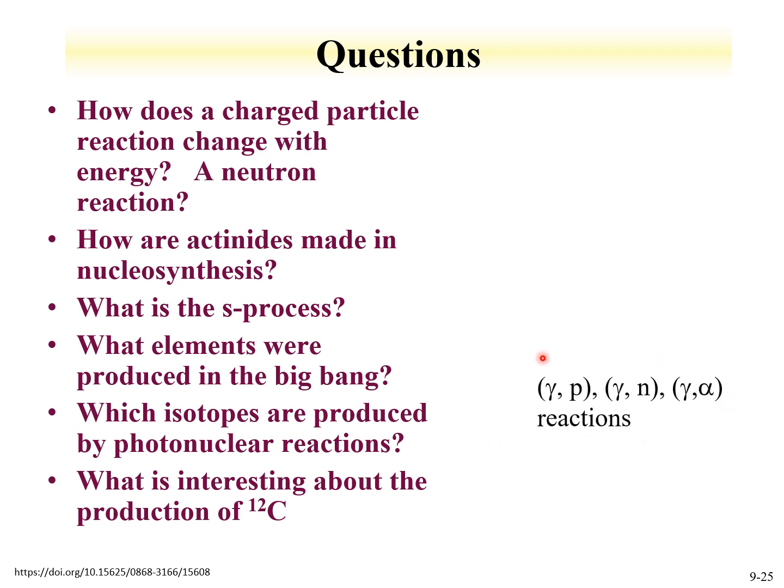Because these are your primary photonuclear reactions, where a photon can react with a target nucleus releasing a proton, decreasing the Z by 1, removing a neutron, decreasing the A by 1, or removing an alpha particle. So the isotopes produced are those close to the target, within 1 or 2 Z less.